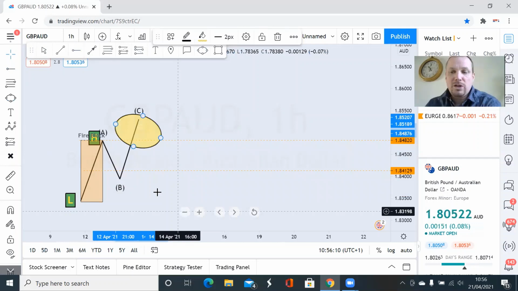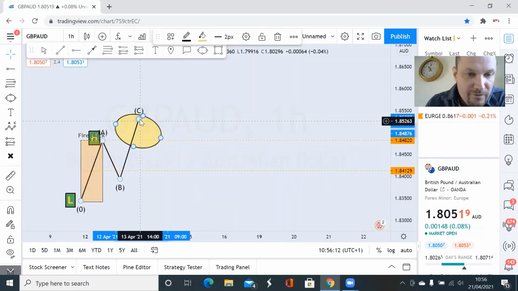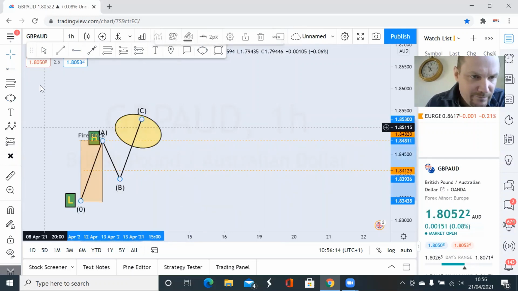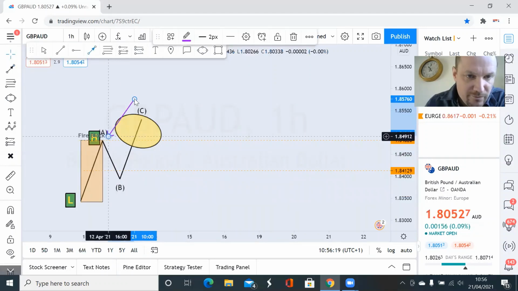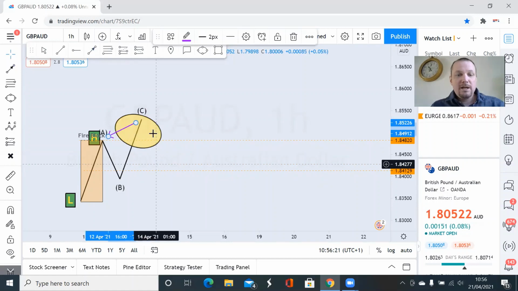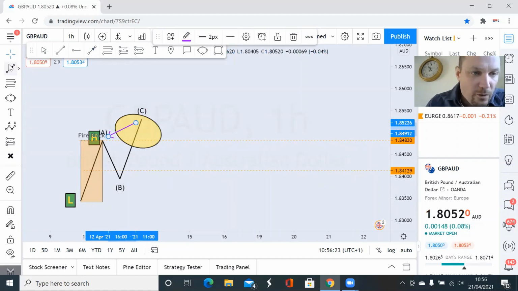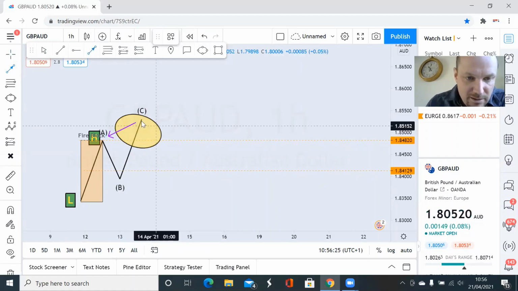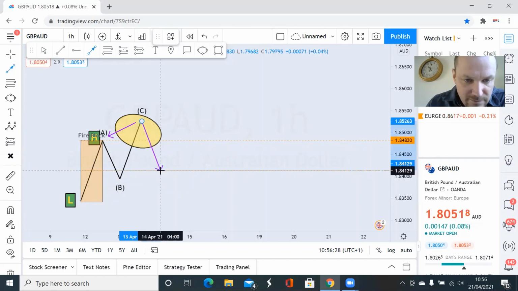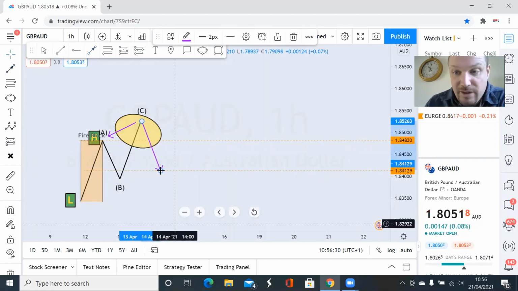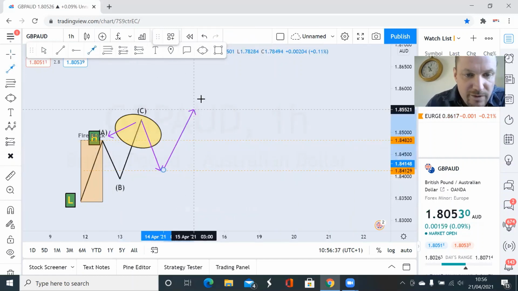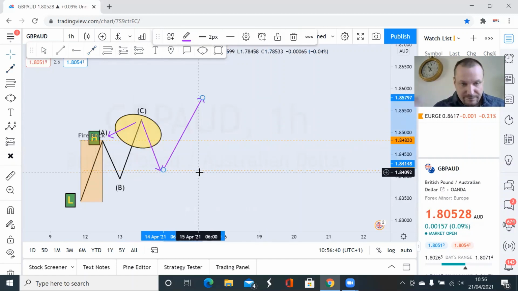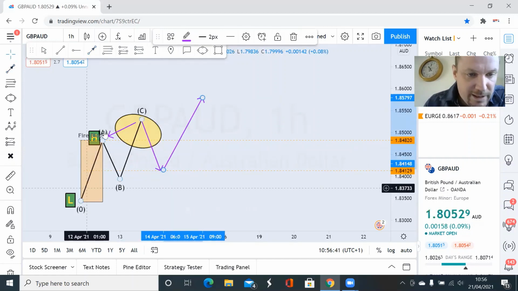Once we've had the breakout of this structure from here, I'm then waiting for a push back into here as a possible entry, and then a move to the upside, right? Because as we see, we've got an A, B, C.